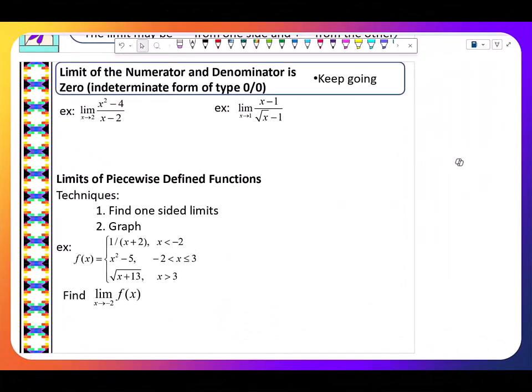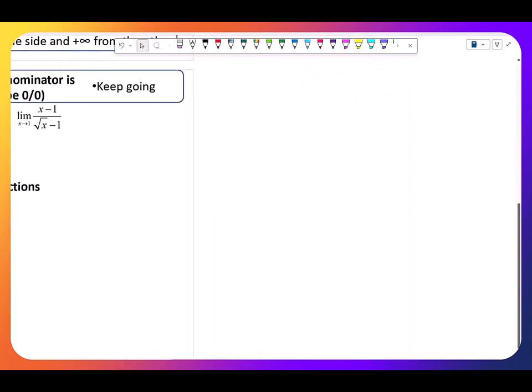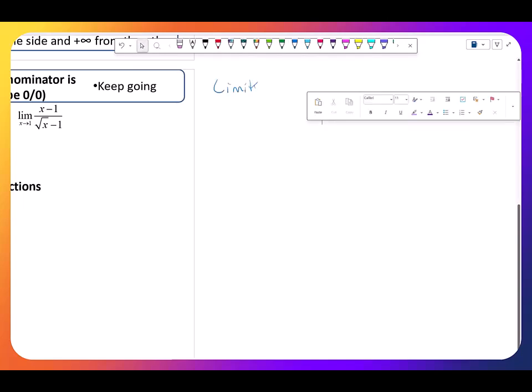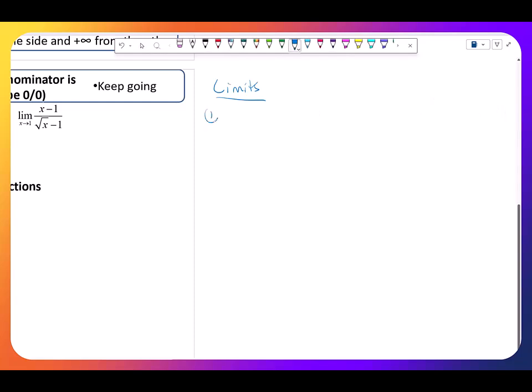All right, so before we start doing the example, let's go ahead and just summarize. So if we're going to be doing limits, what are our steps? I find that's really helpful as we're working through limit problems. Some students are a little confused by limits, so let's make a list. So number 1.